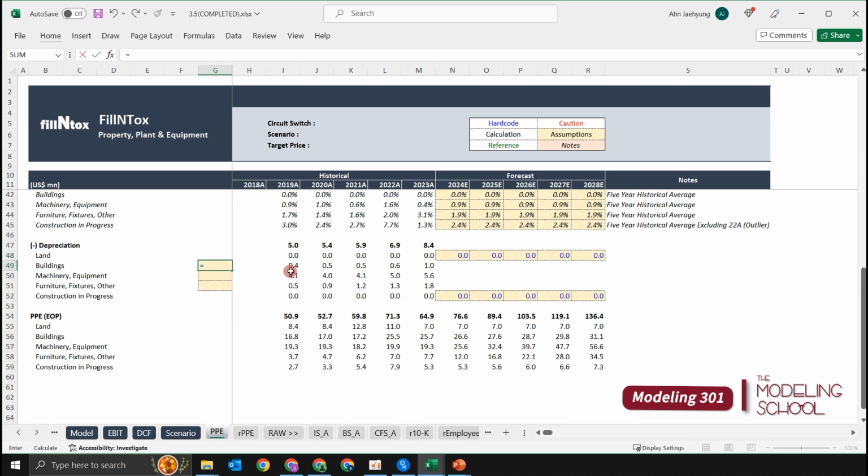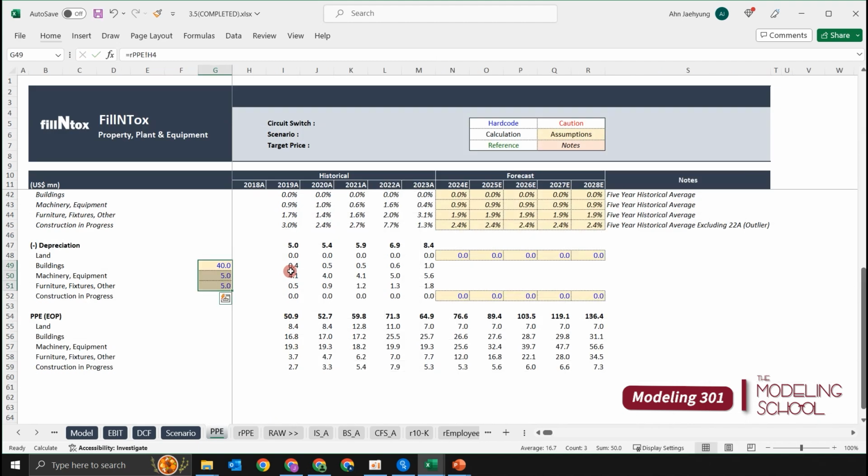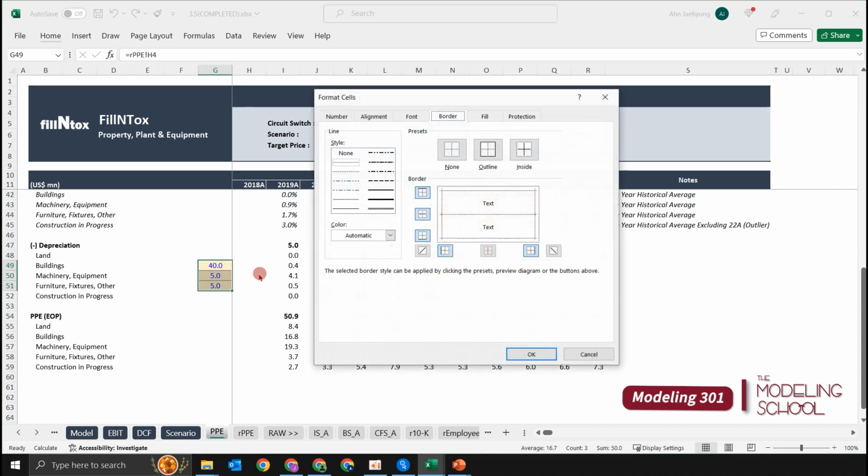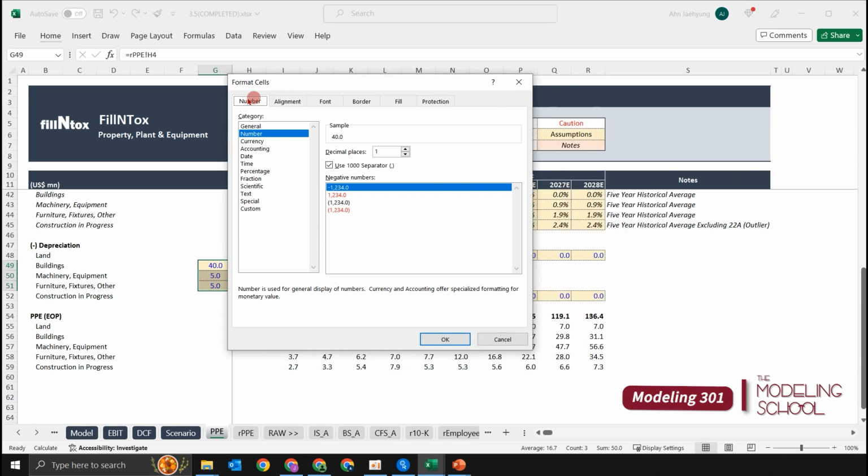Actually, it would be a better idea to link to our useful life assumptions. So buildings, machinery, furniture, 40 and 5 and 5. Let's do a little bit of formatting. Let's go to custom, Control 1, format cells.